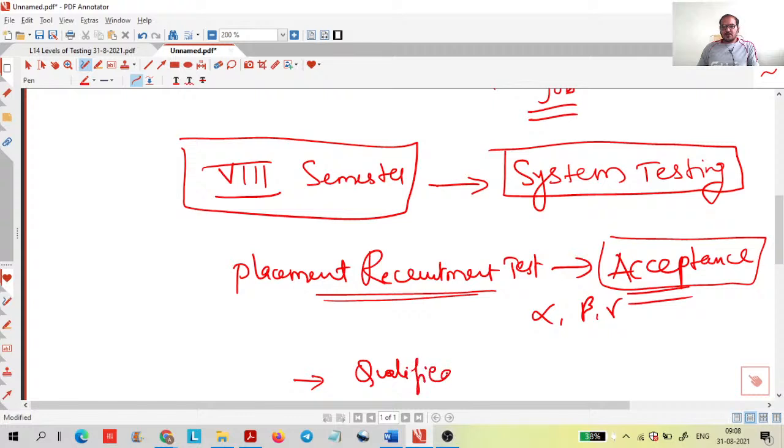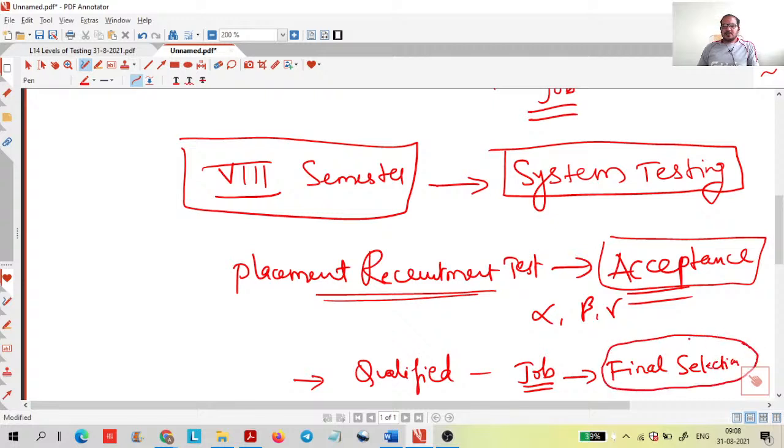He has passed through different levels of tests. That is your final candidate, the final selection for that particular role, which indicates he is suitable to work.